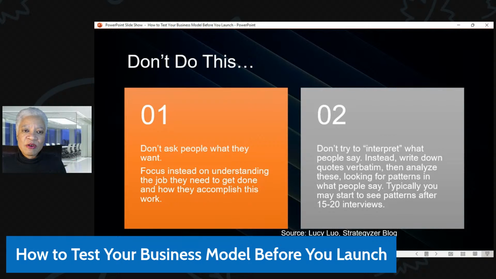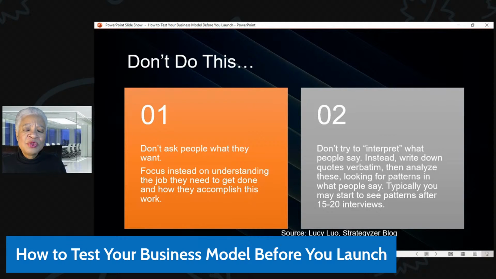That could be a current process that they're using, a current product that they're using, or just the fact that they wish they had something in hand that will help them to have better outcomes on their job. All right, so the focus is on your client or prospective client.